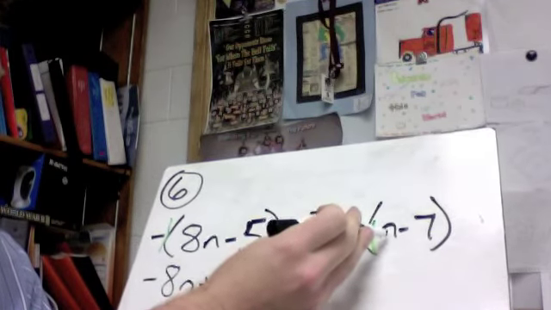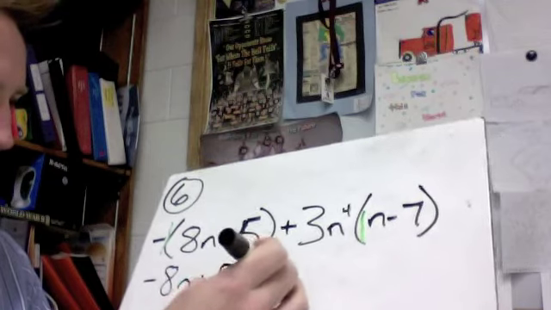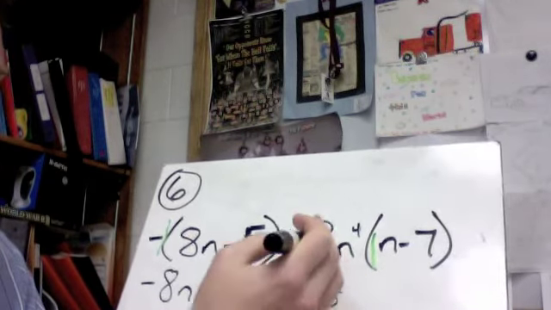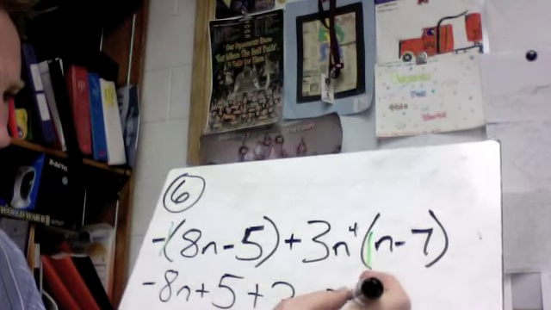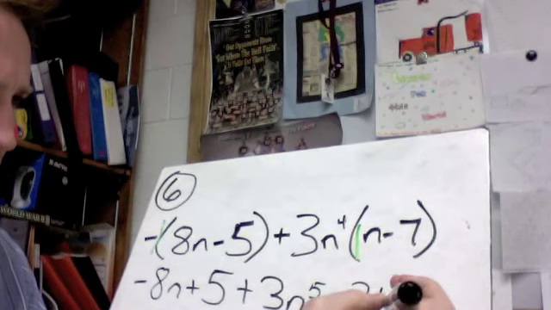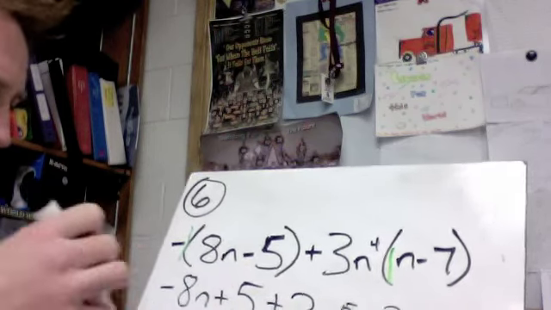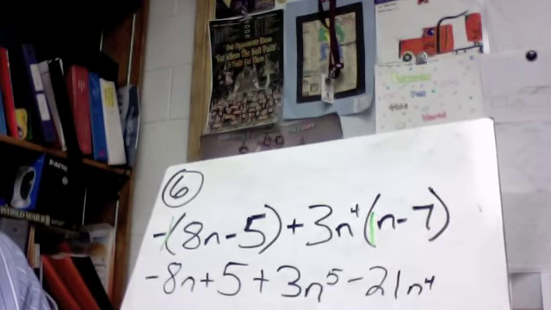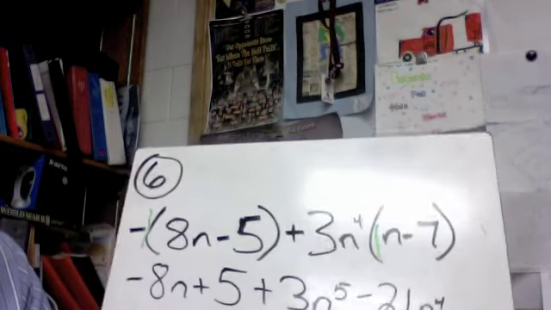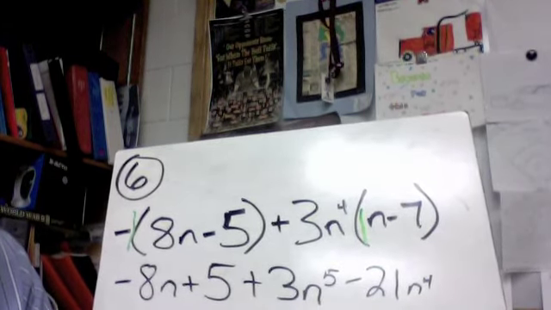Times this together times another n is going to be 3n to the 5th. And then we do the 3 times the negative 7 is going to be minus 21. And then we would have n to the 4th. Looking up here again, it doesn't look like anything here actually goes together. So we would just keep this and that would be your answer.